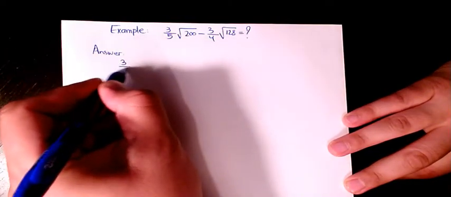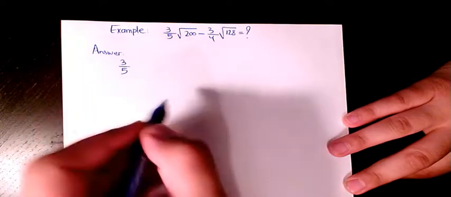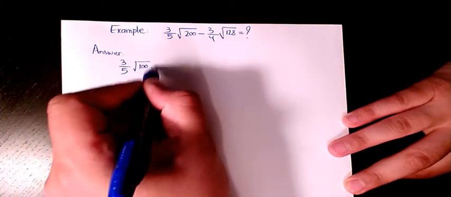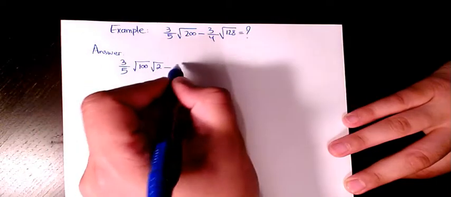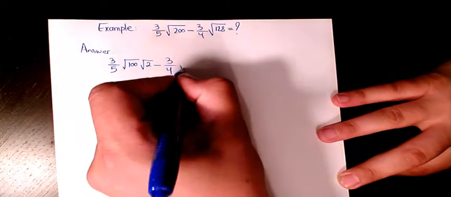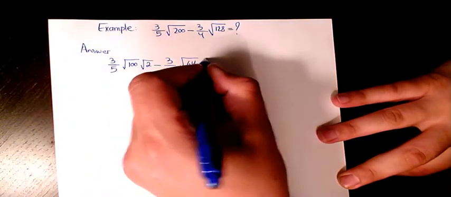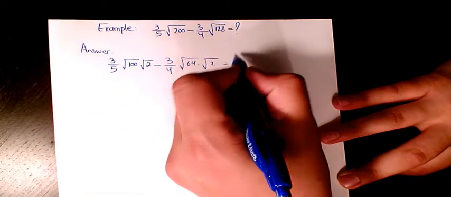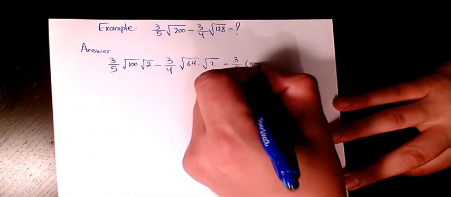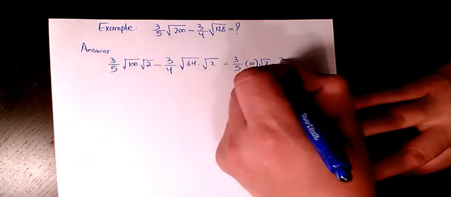3 over 5. 200 is 100 times 2, which is square root of 100 times square root of 2, minus 3 over 4. 128 is 64 times 2. So then it will be 3 over 5. The square root of 100 is 10, root 2, minus 3 over 4.